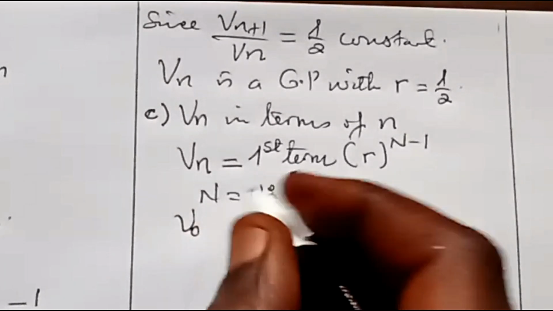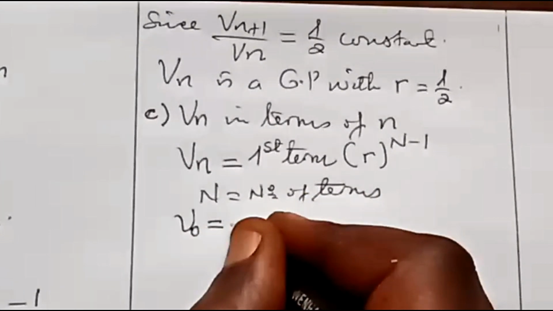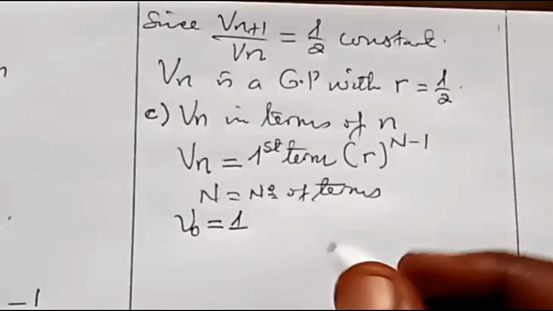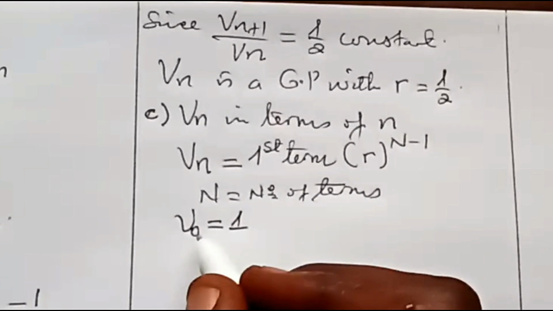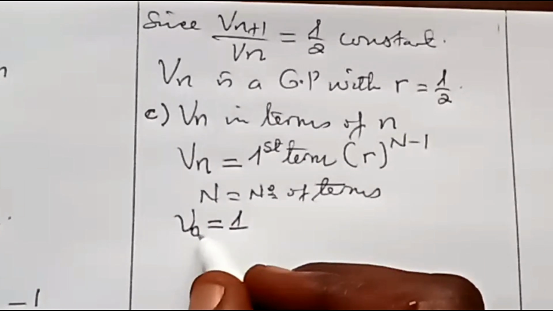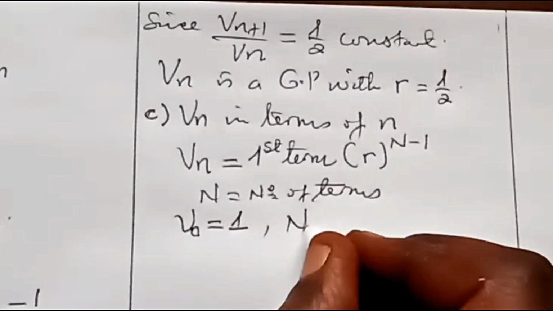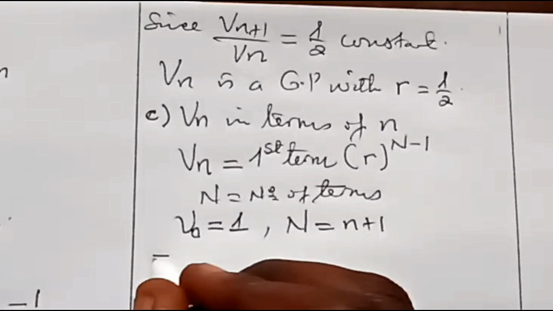But we know that the first term of Vn is V0, and V0 is 1. Once a sequence starts with V0, for example, the term when n equals 0, then there should be n plus 1 terms. So the number of terms is actually n plus 1.